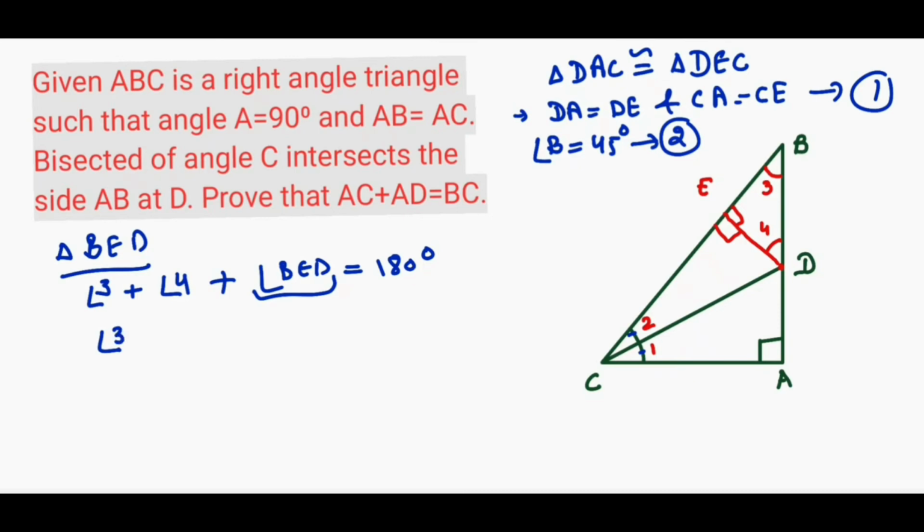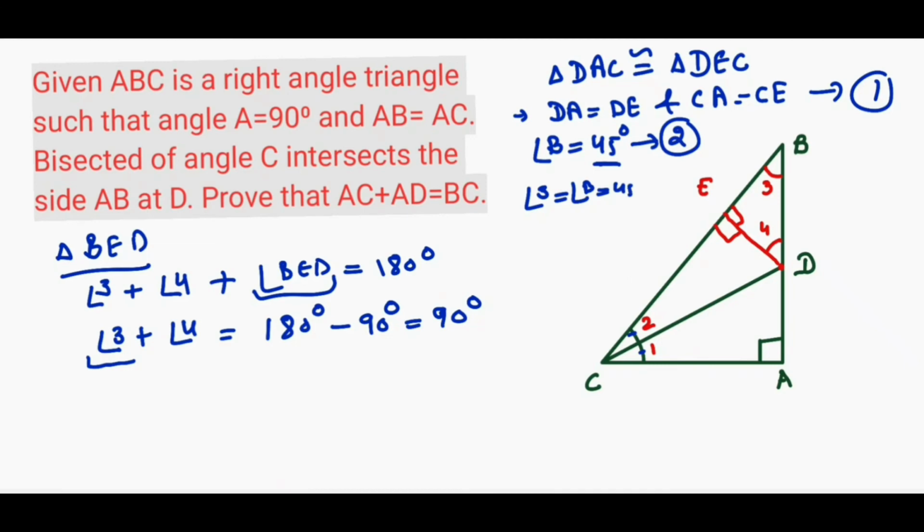So angle 3 plus angle 4 is equal to 180 degree minus 90 degree, which is equal to 90 degree. And this angle 3 is equivalent to angle B. So angle 3 is equal to angle B, and angle B is equal to 45 degree. So I'll get angle 4 is equal to 90 degree minus 45 degree, which is equal to 45 degree. So angle 4 will also be equal to 45 degree.